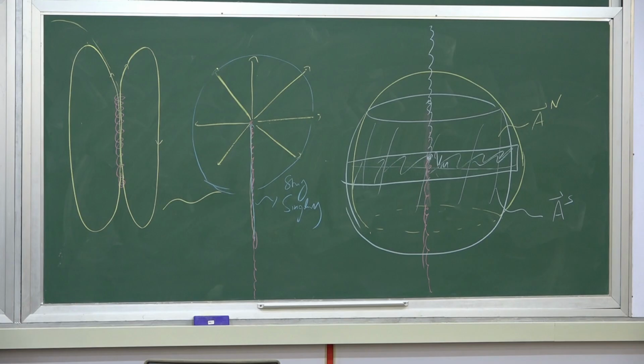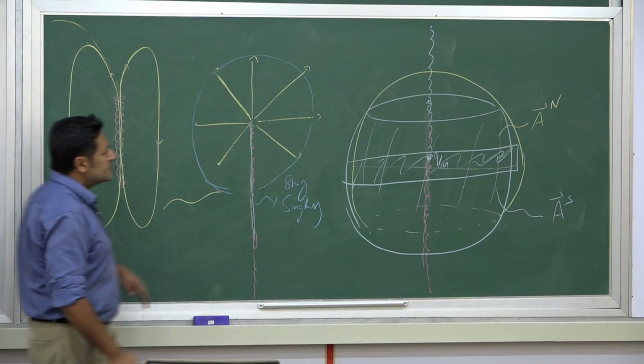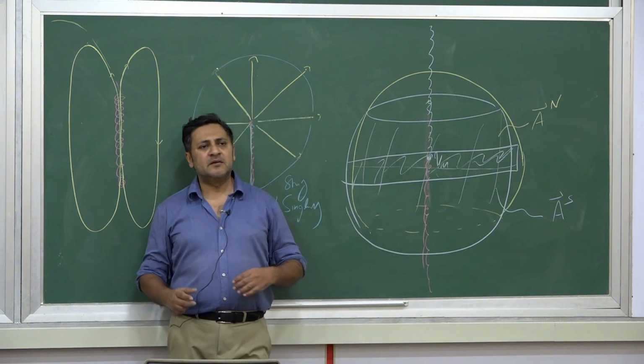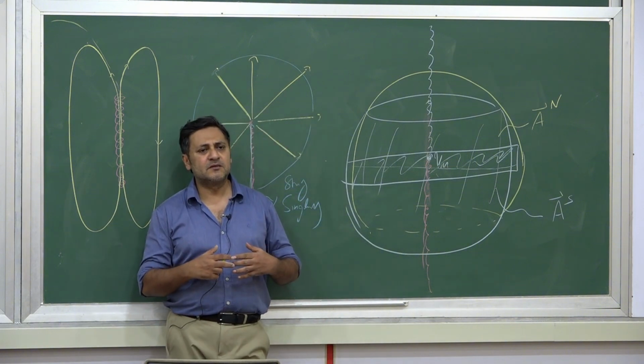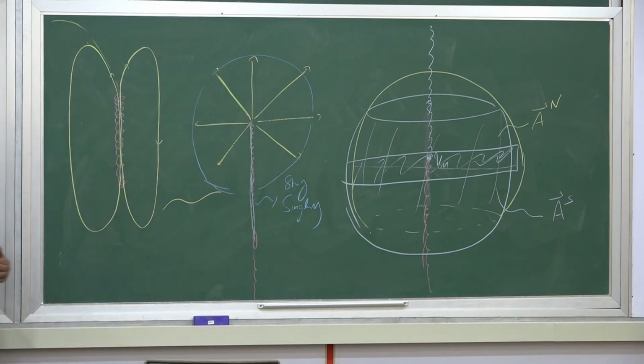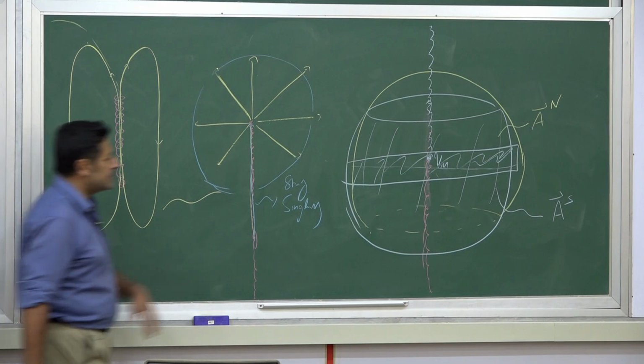So what's actually happening over here is that you are essentially saying that this vector potential becomes a bundle which does not have a global section. You have to have local sections and you have to sew them together.